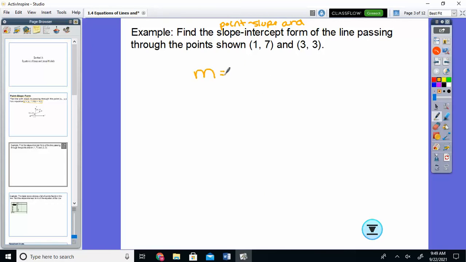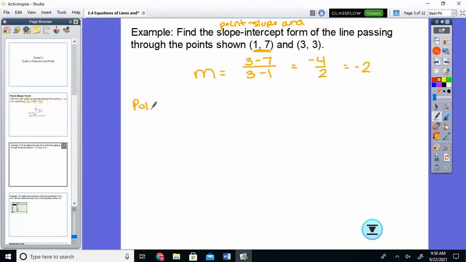So we were doing that on our homework. y sub 2 minus y sub 1 over x sub 2 minus x sub 1. So we get the slope of negative 2. Then we take 1 point. Let's just go with the first one.